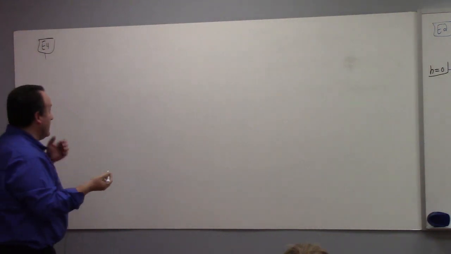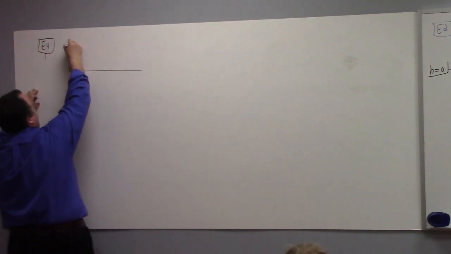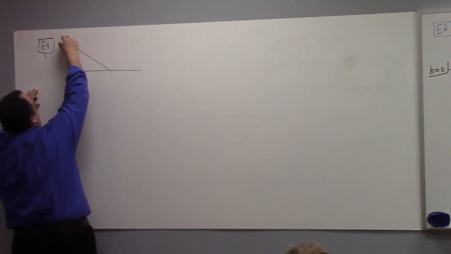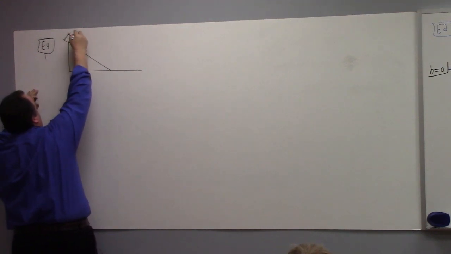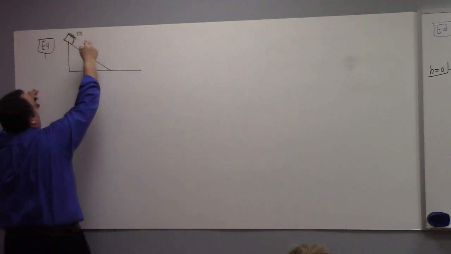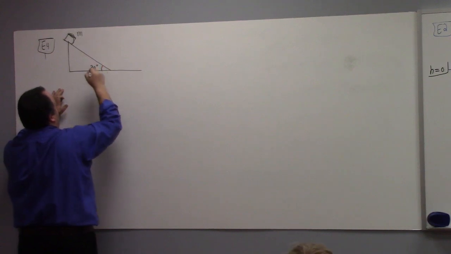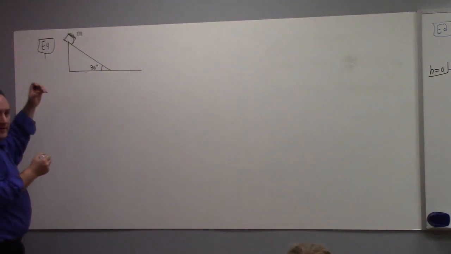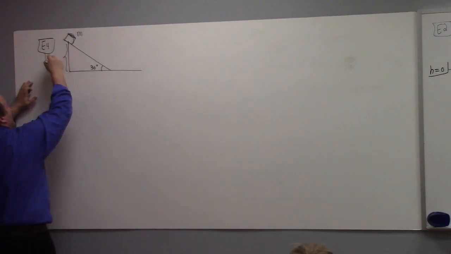Let's suppose that we have a mass initially sitting up here. My box is getting all squished, so think of it as an Amazon box. Maybe you're at 30 degrees there. You're 10 meters up.